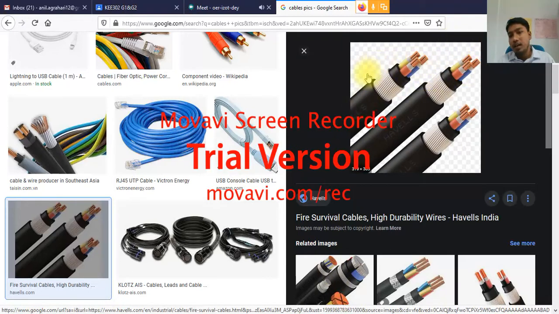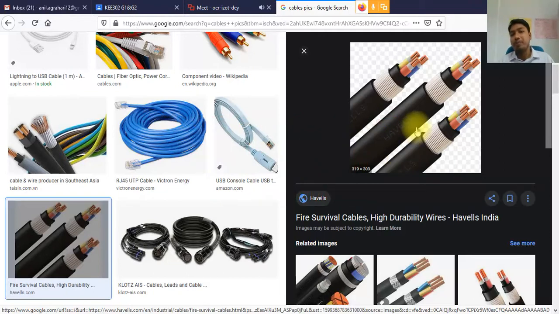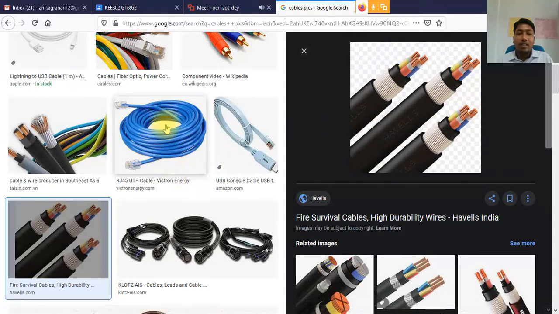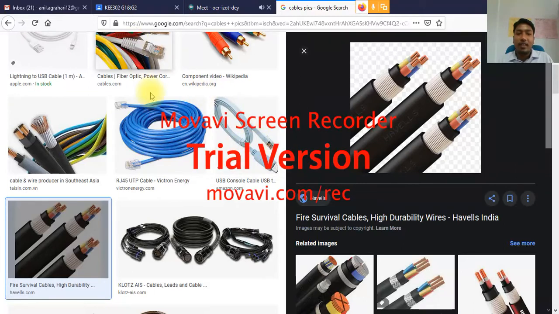This is a figure of cables of the Havells company. Generally we prefer this type of cable to transfer electrical power. These other cables are only to transfer data, not electrical power.